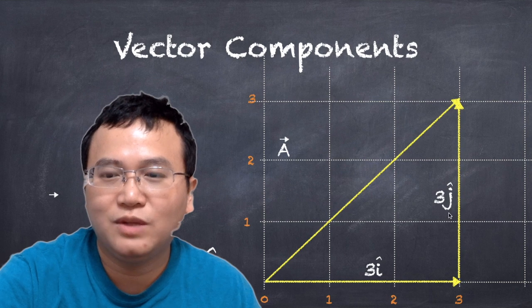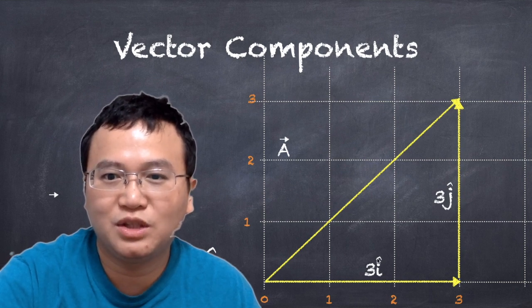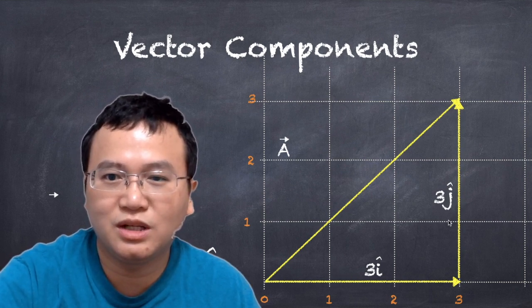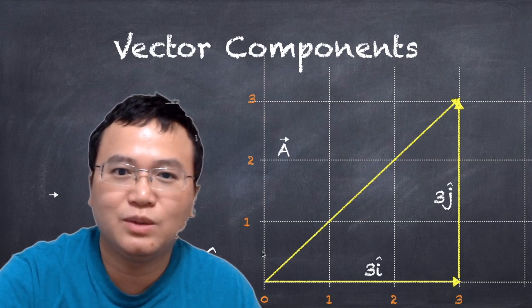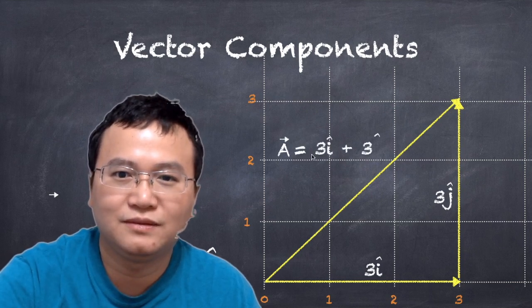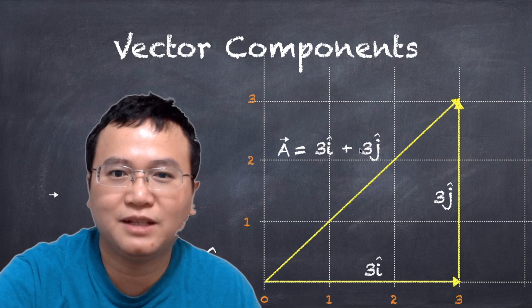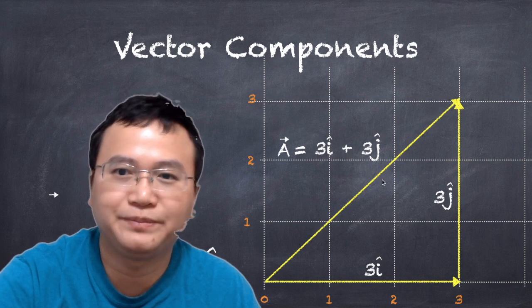Then we have 3 j caret, which is the y direction. That means 3 units to the right and then 3 units up. When we add these two vectors, it gives us vector A. So this vector plus that vector gives us this vector A.